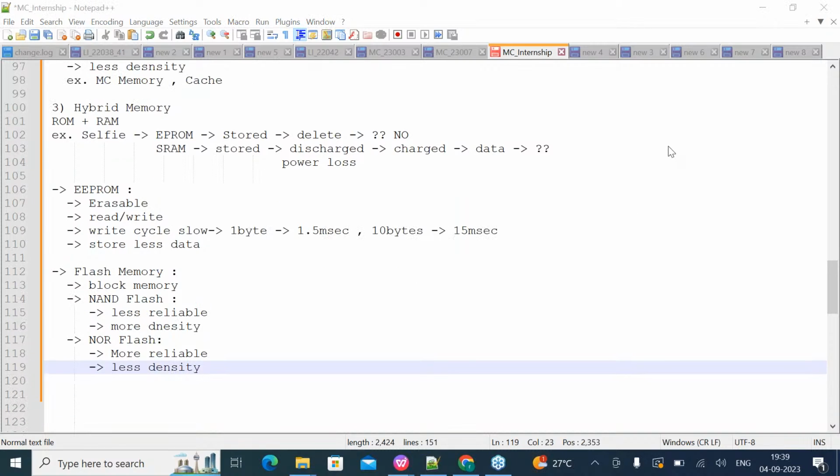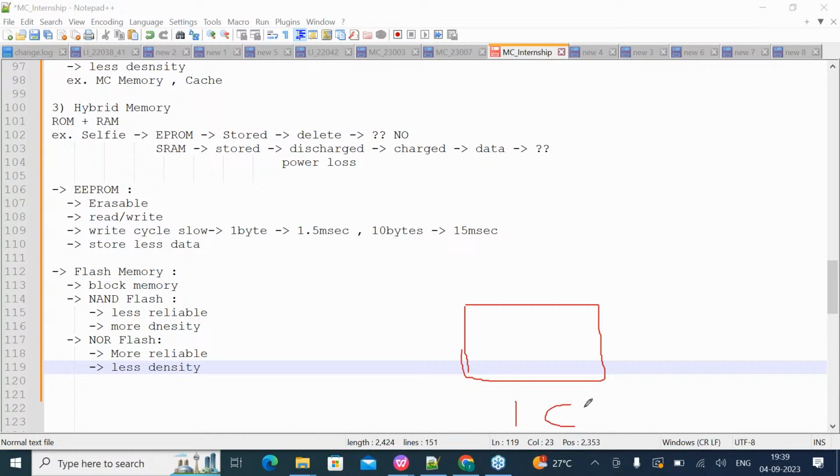Density, in simple terms, means that in a particular memory area, you can store more data. Let's say this is my chip, and this area is 1 centimeter square.